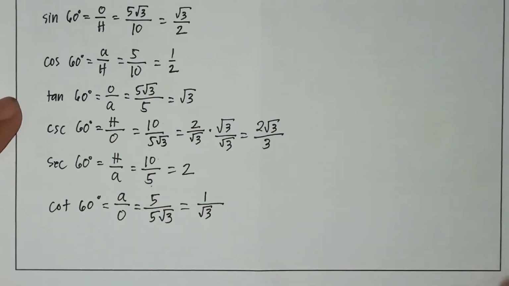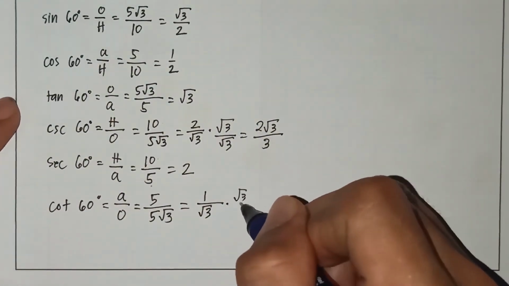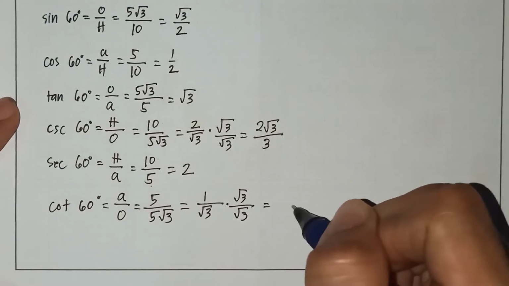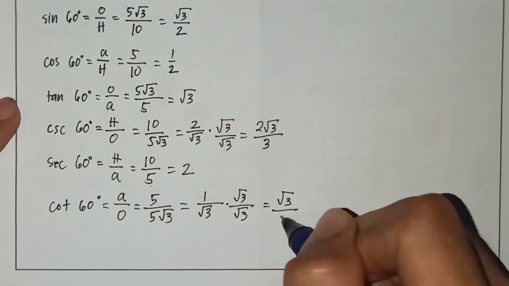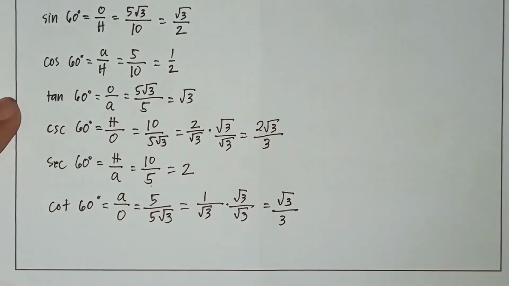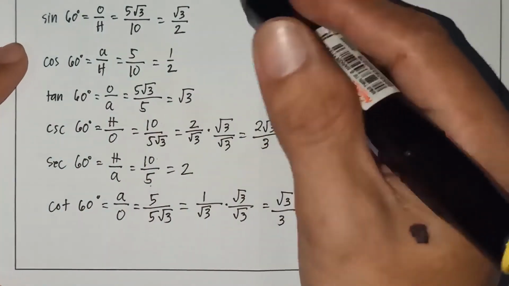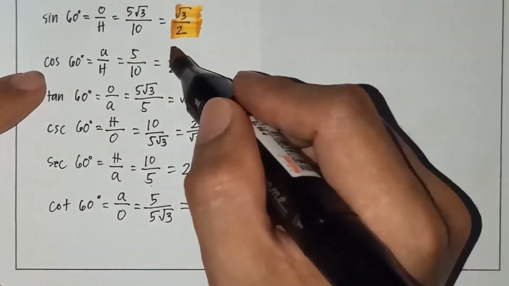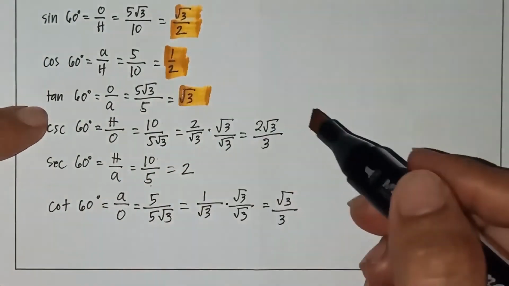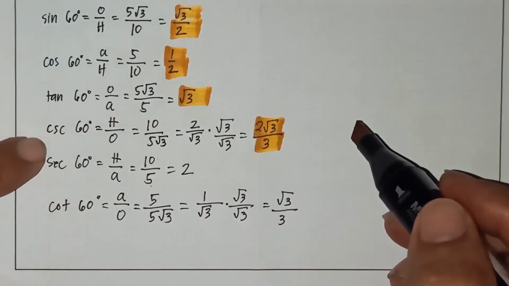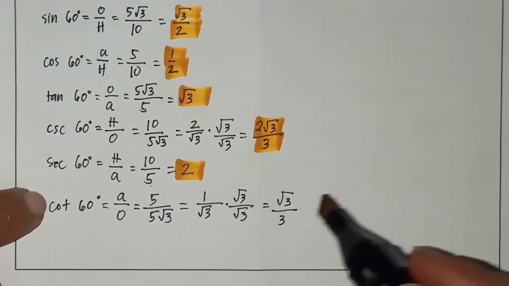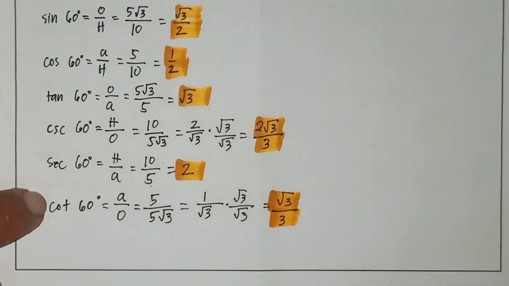Rationalize it, square root of 3 over square root of 3. The result is square root of 3 over 3. These are the values of sine 60, cosine 60, tan 60, cosecant 60 degrees, secant 60 degrees, and cotangent 60 degrees.